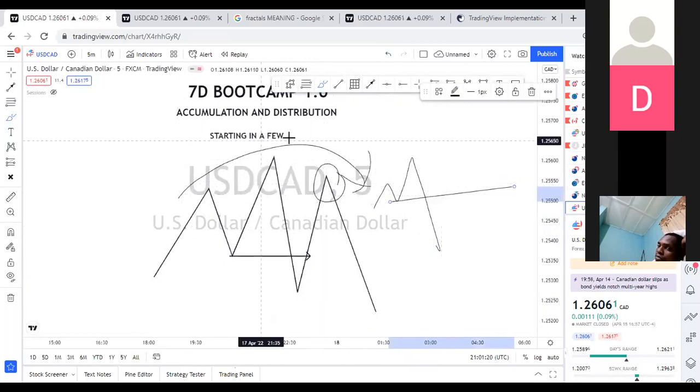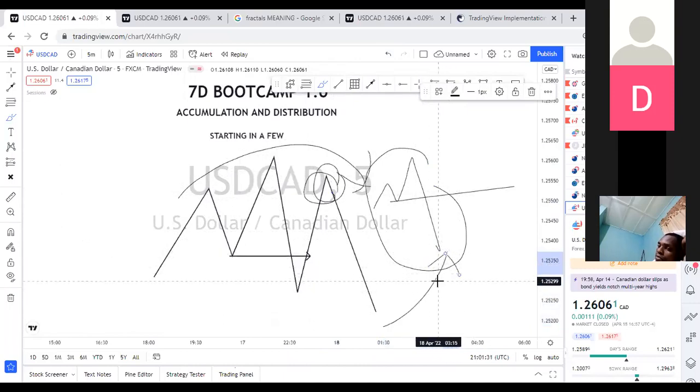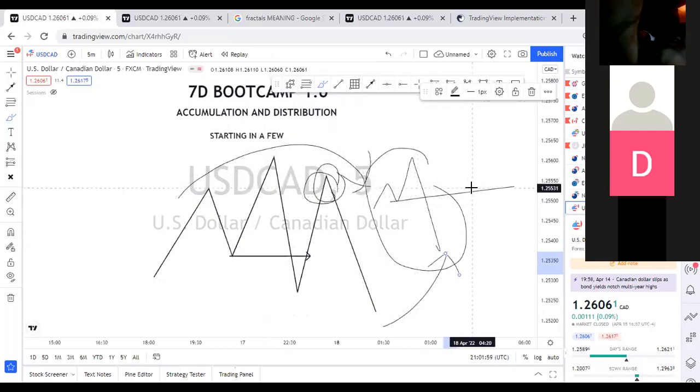When this happens inside of this area, this is what we call a redistribution, and this is how we can minimize our risk and enlarge our rewards. So it is important that this same break of structure again back to the downside should happen here. And once that happens, we have further confirmation that price is now ready to go in the bearish direction.